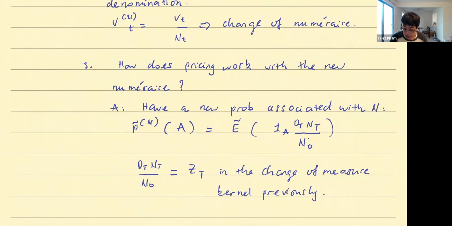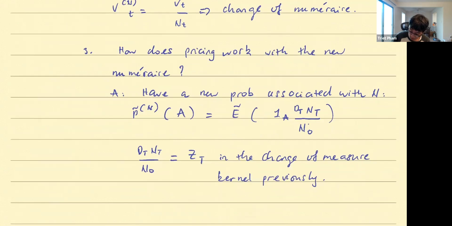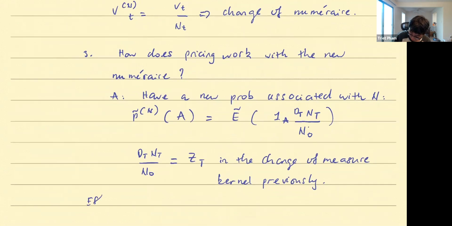But the relevant question to ask is, what's the effect? What do we get under this new measure? So the effect, first of all, is very intuitive. If V, the discounted process, is a martingale before, meaning it's a fair price process, right?